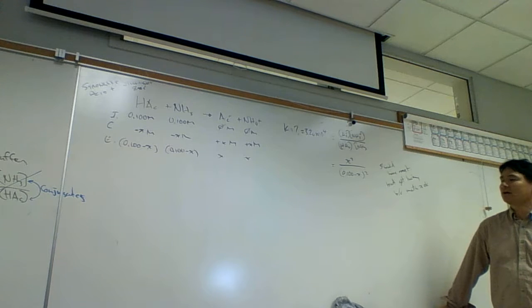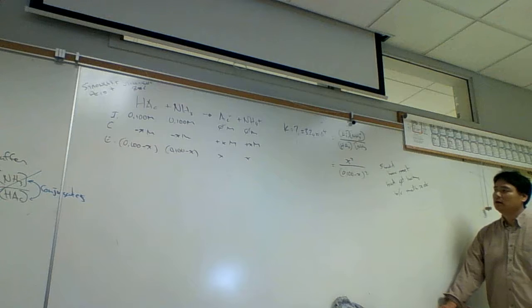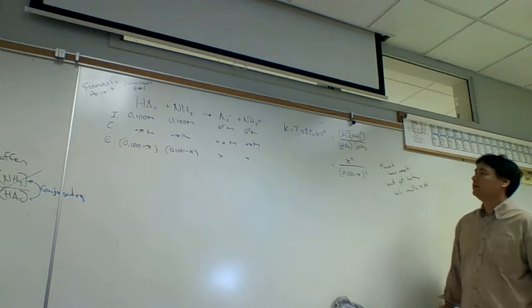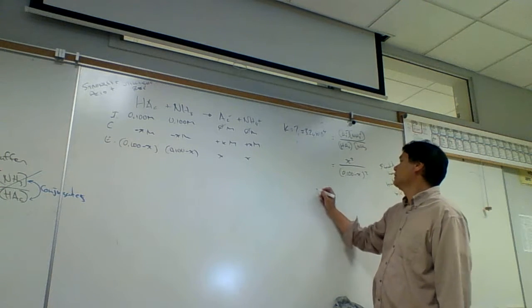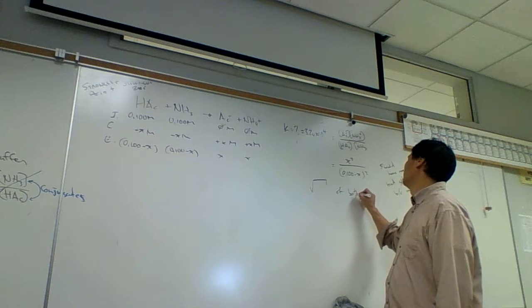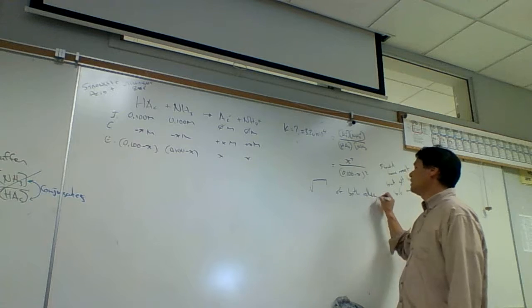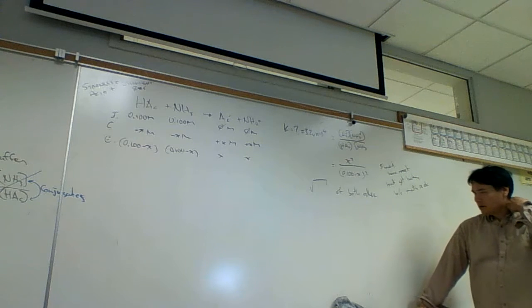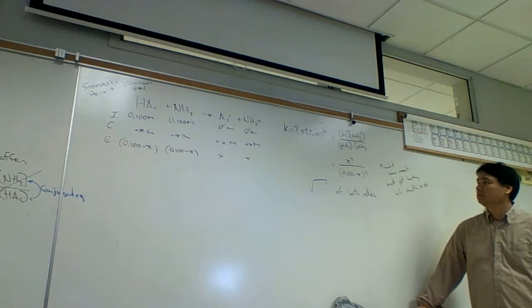Well, there's much more product than there's reactant. That means we're going to have significant reaction to form it. But it's okay, because I'm going to just take the square root of both sides. We reset it to make the math easier, but the math is easy enough here. And we can solve for x.